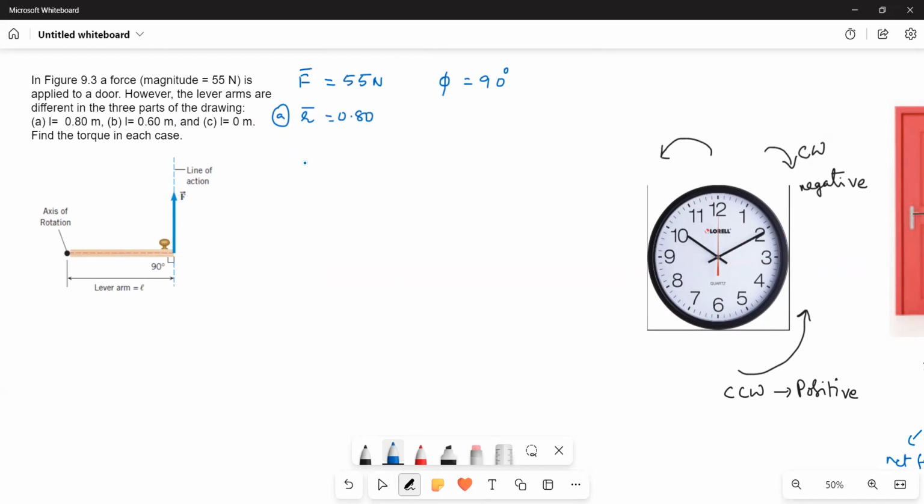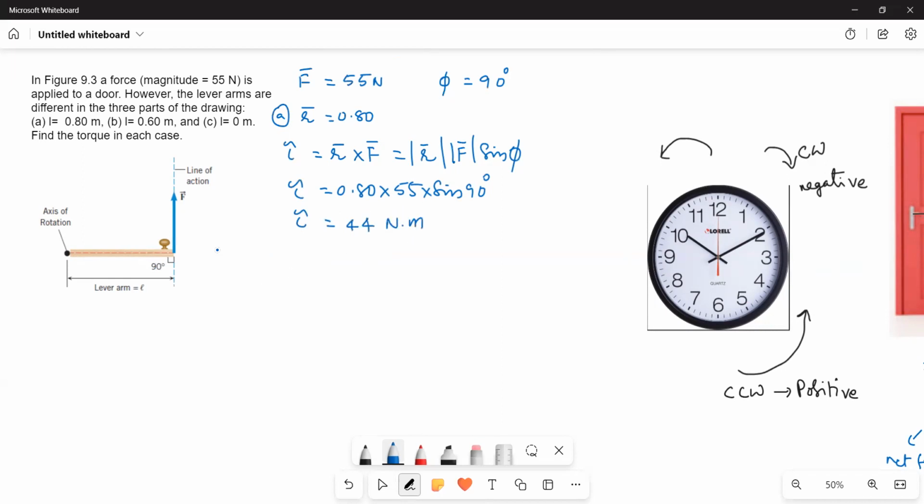Therefore, torque tau is equal to R cross F bar, which is equal to RF sine theta or RF sine phi, which is equal to 0.8 times 55 times sine 90 degrees. So this gives torque equal to 44 Newton meter.